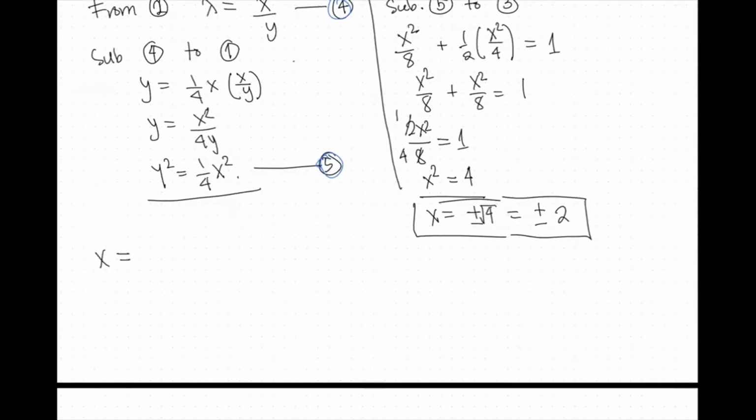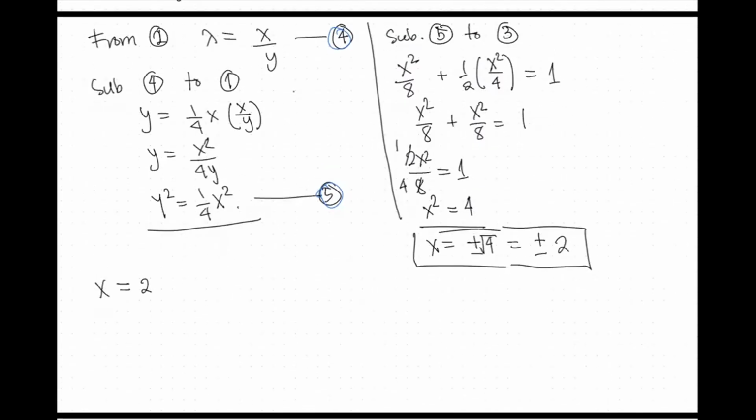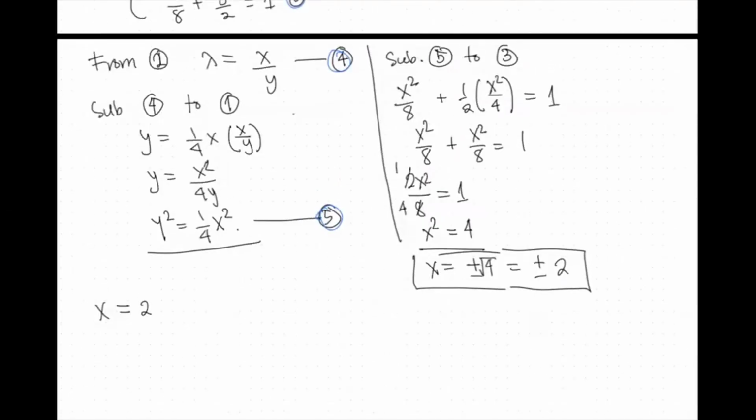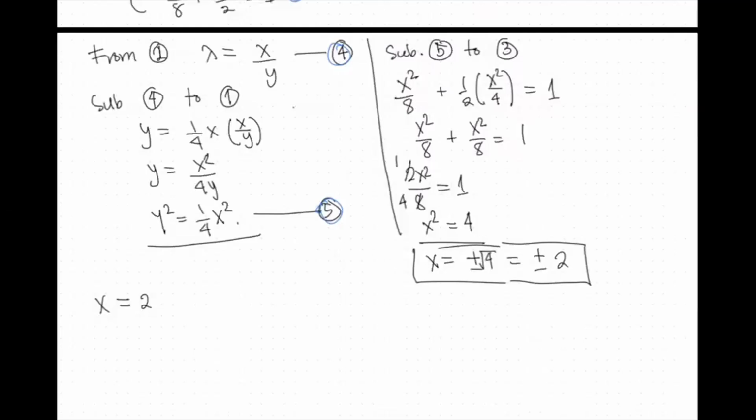When x is equal to positive 2, what will y be? We will substitute. So 2 squared over 8 plus y squared over 2 is equal to 1.